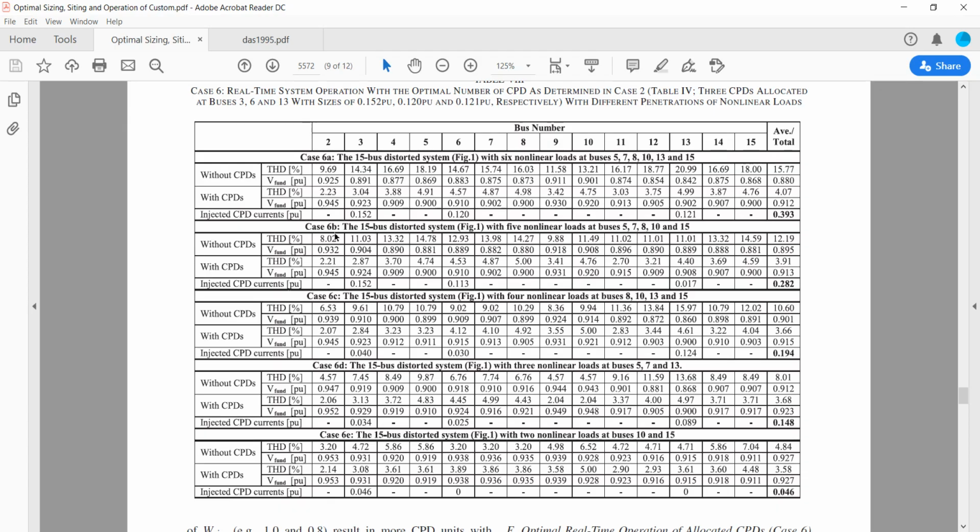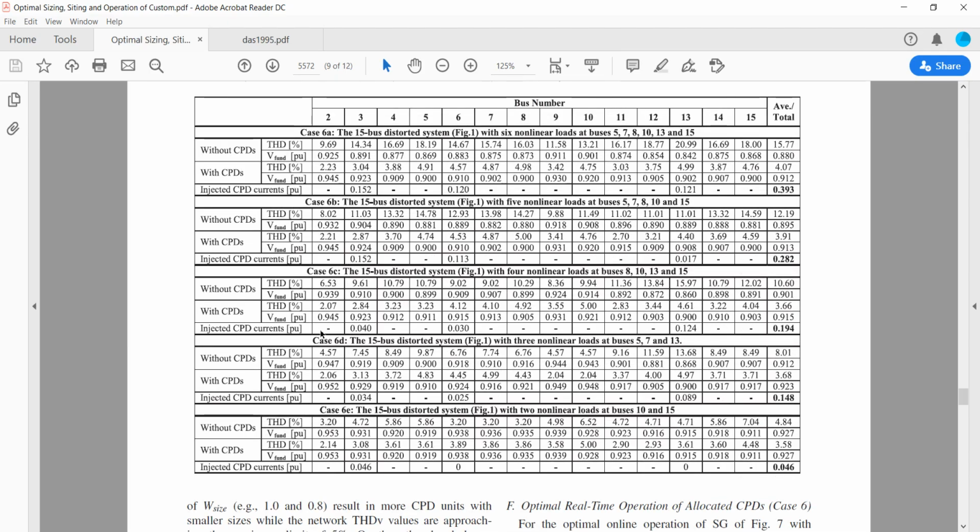Case 6B with CPD is from CPD 7, and CPD 7 without CPD is case 6B without CPD, and CPD 8 for case 6C.